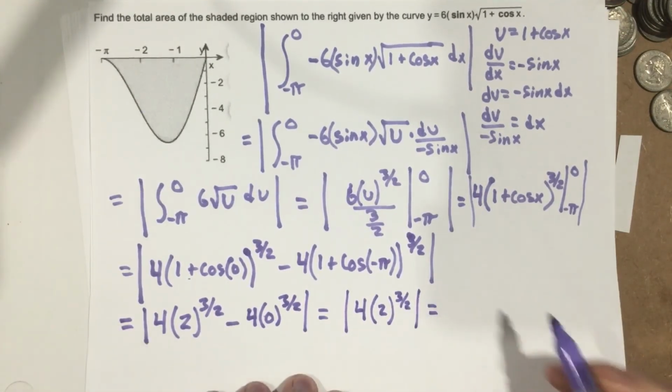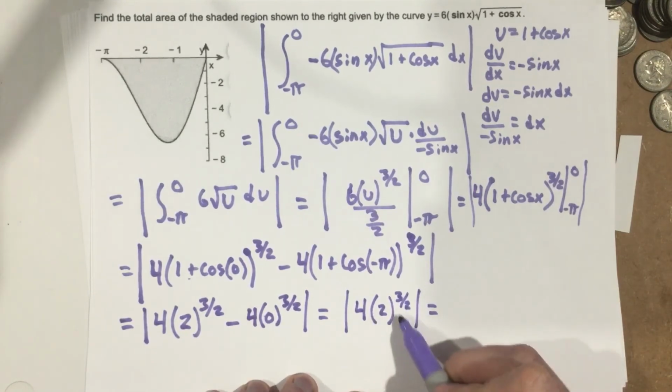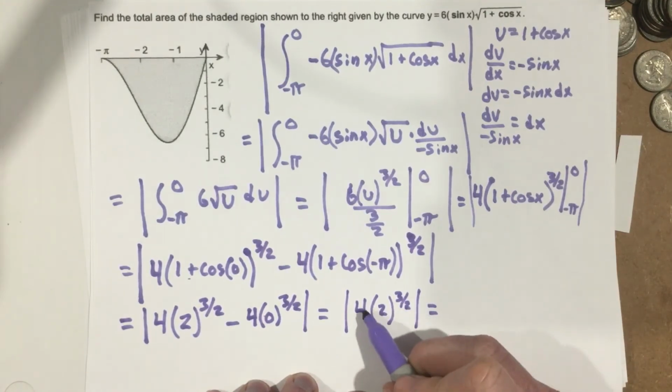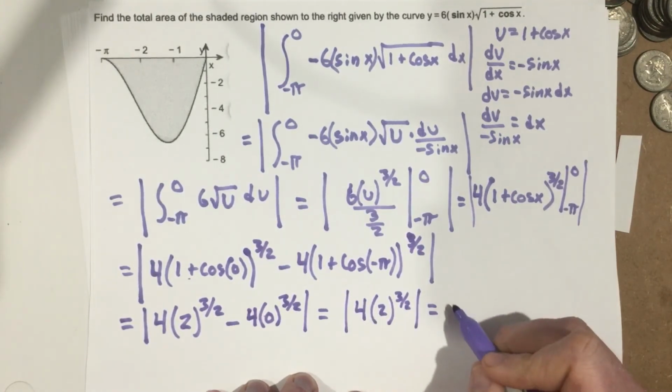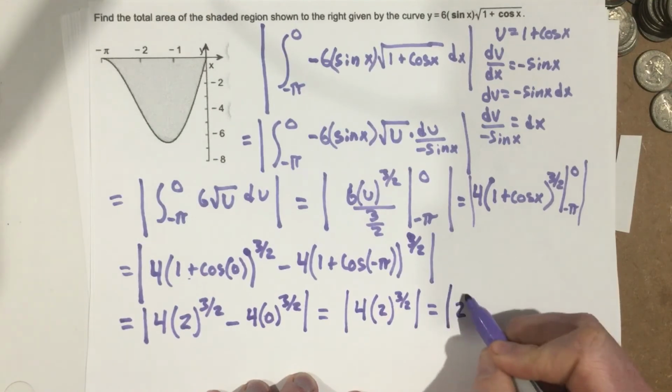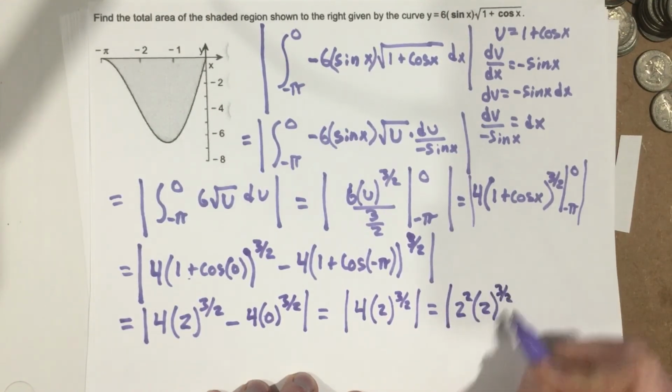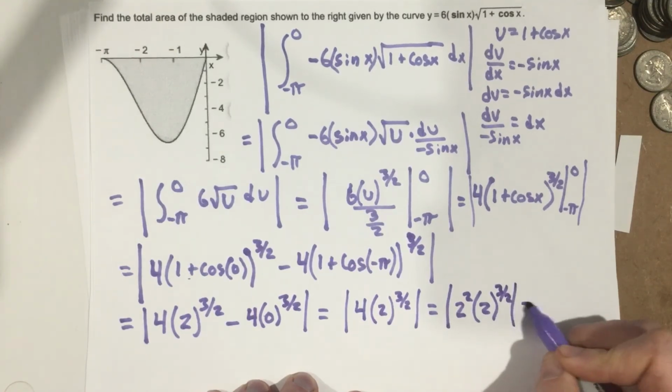So you could probably leave that answer how it is. However, they are probably going to take this 4 and make that into 2 squared times 2 to the 3 halves. Try and be a little fancy there.